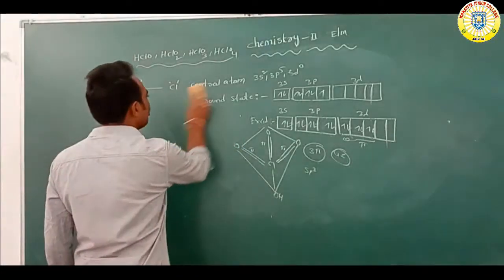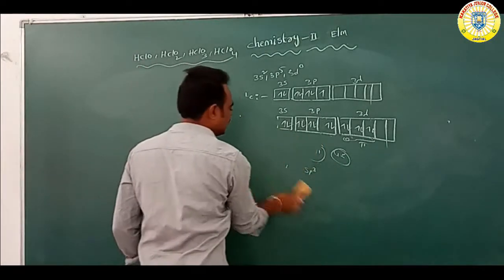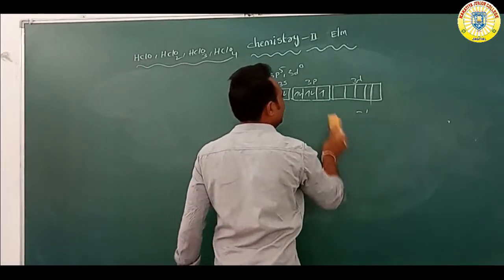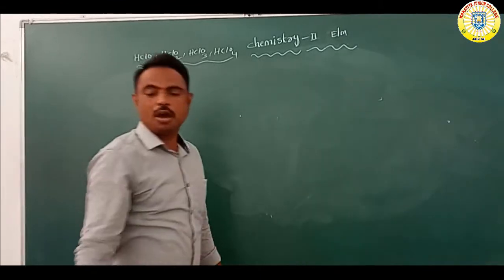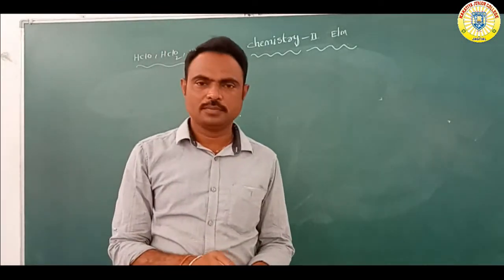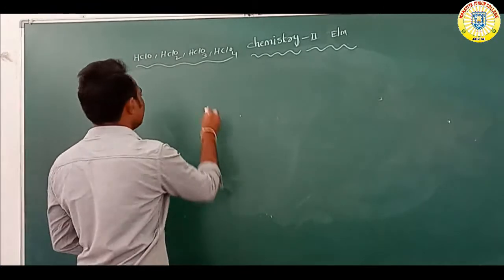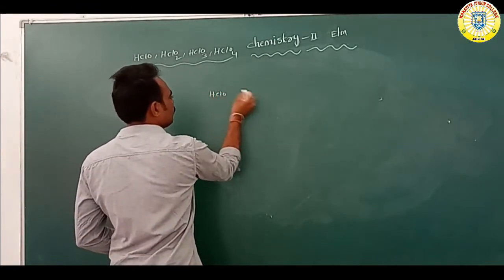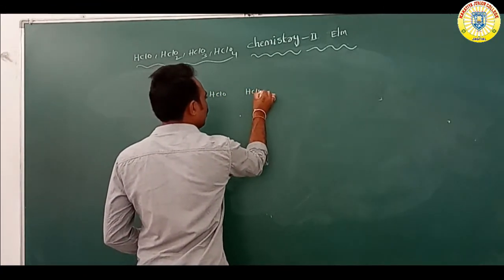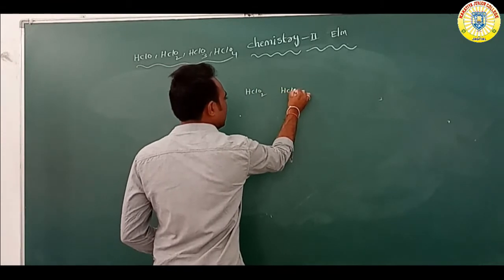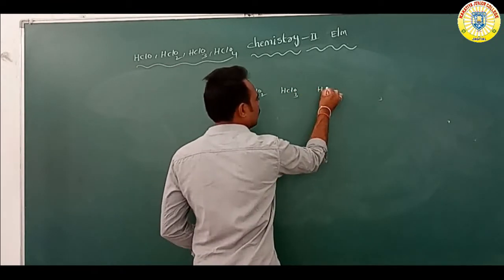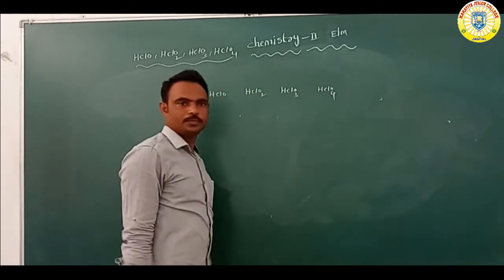These chlorine oxo acids are all acids, as we already know. Number one, HClO, HClO2, HClO3, HClO4.